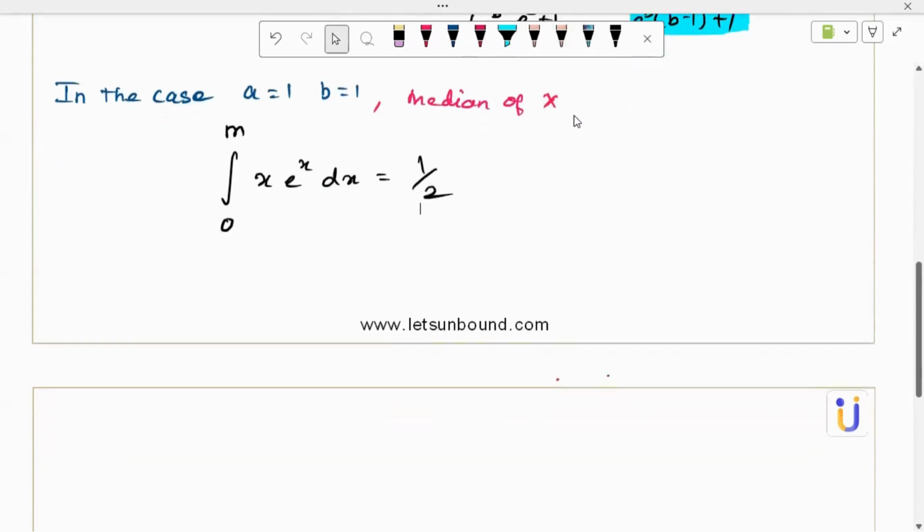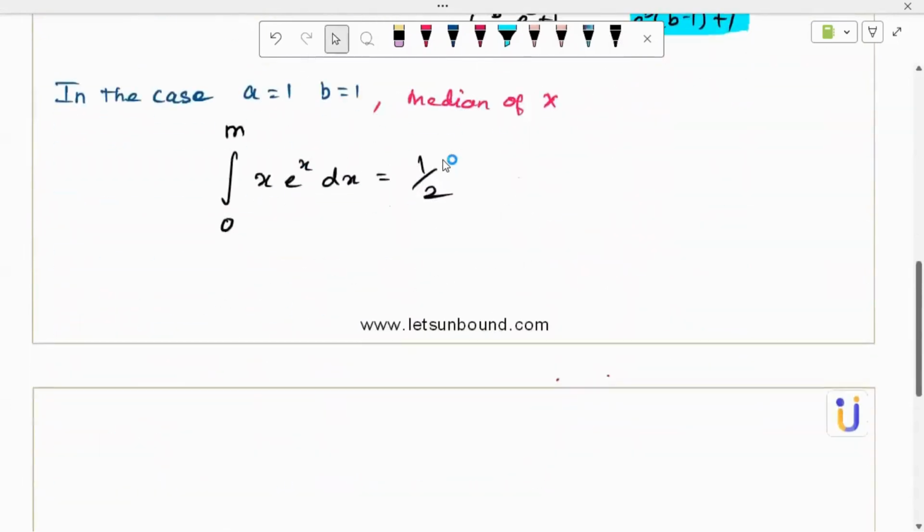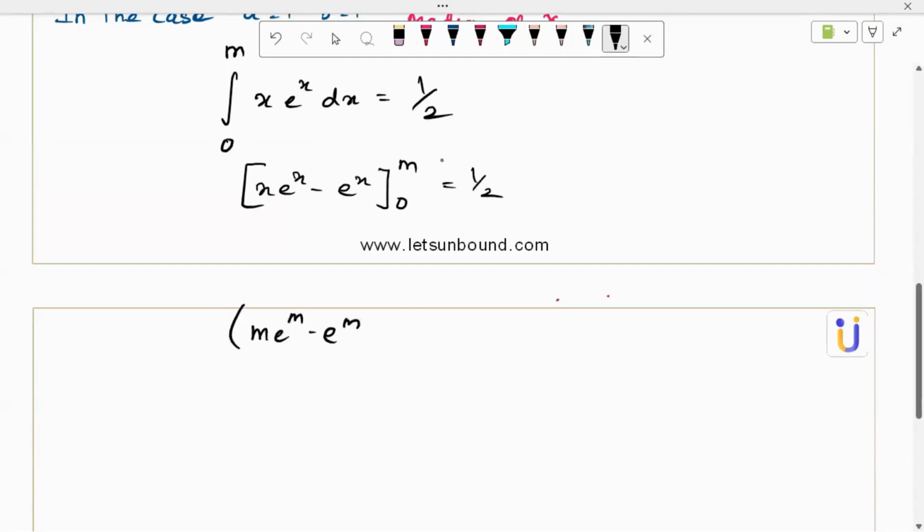So that's simple. We already did this integration part, so just copy it. It's x e power x minus e power x, and you just substitute 0 to m, which is equal to half. Now simplify this equation. First I will substitute m e power m minus e power m, then minus, when you substitute 0, 0 e power 0 minus e power 0, equal to half.